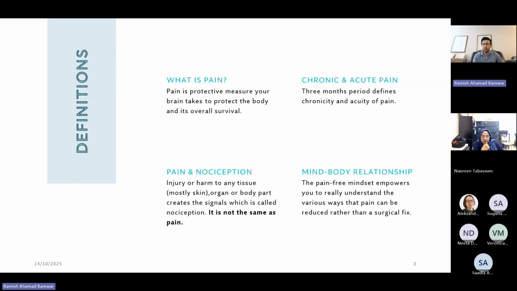So by now we know pain, we know chronic. So what is chronic pain? Then I want to tell you something about this misconception of pain and nociception. Nociception would be a pretty new terminology for anyone hearing right now. I'll try to tell you what it means. Basically, nociception is when there is harm, when there is injury to any tissue, mostly skin, but any organ or body part.